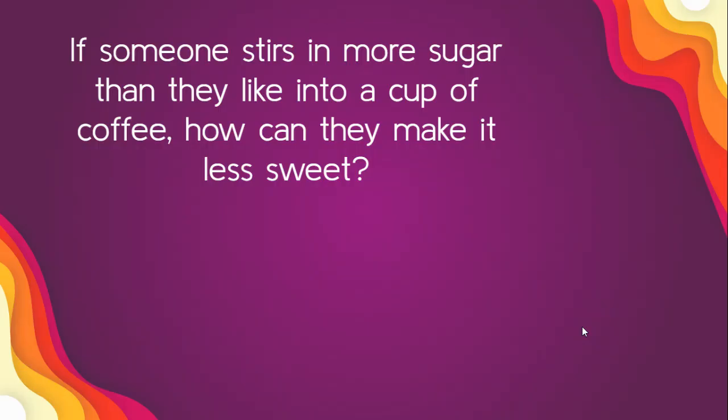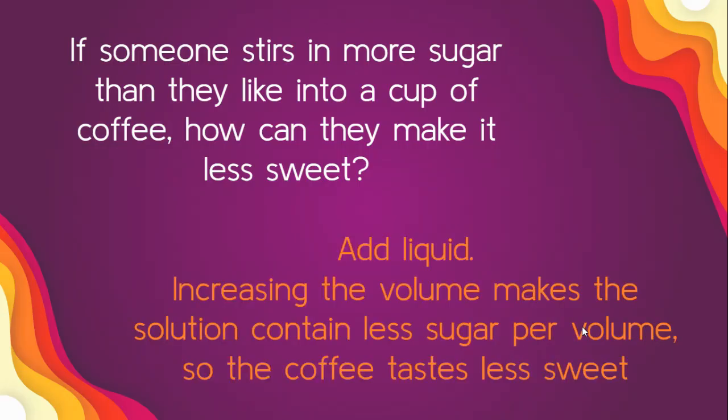Now what happens if someone stirs in more sugar than they would like in their cup of coffee? How could they make it less sweet? The answer is to add liquid or add solvent.